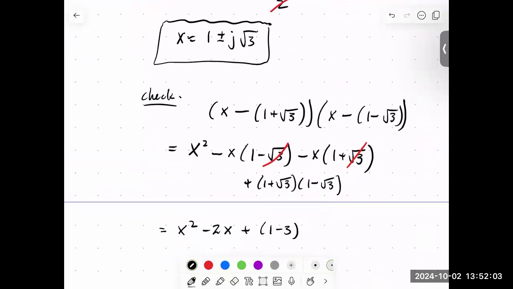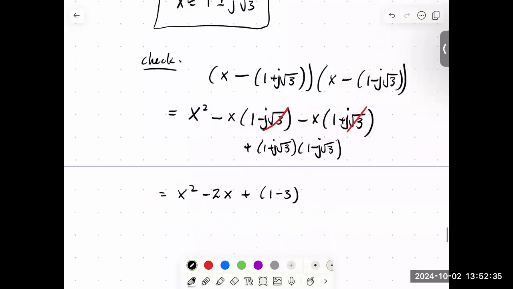Oh, sorry. I know what my mistake is. Tell me what it was. I didn't actually use my solutions. What did I leave out? I left out my j. That's a bad mistake. Okay, so the √3 things are still going to cancel, but now I'm going to get minus √3 times √3 is minus 3 times j squared.